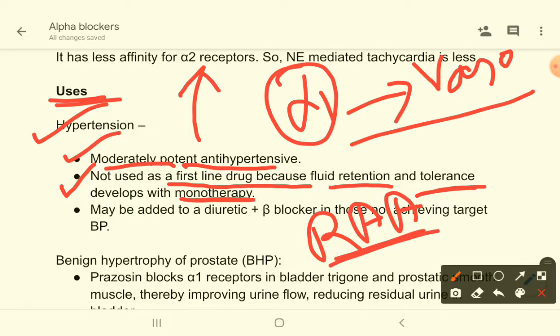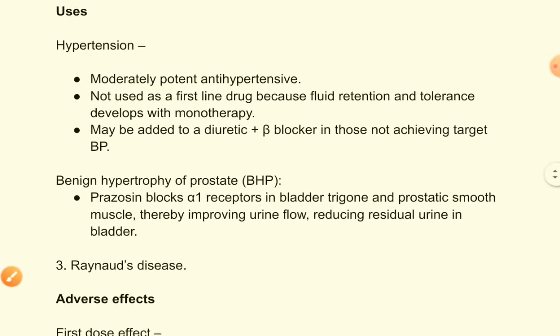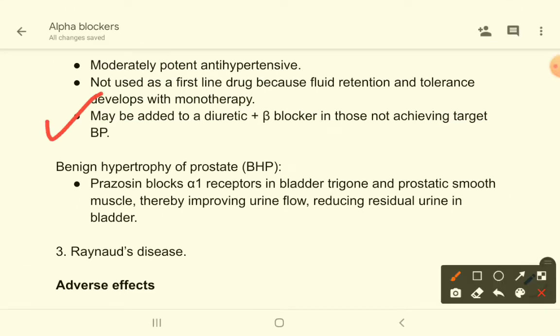Okay, so there will be fluid retention, and tolerance may develop, because the decrease in blood pressure will be opposed by the highly active renin-angiotensin aldosterone system activation. So this drug can be added to a diuretic or a beta blocker in those not achieving target blood pressure. Okay, so this can be added in with some other antihypertensive drugs.